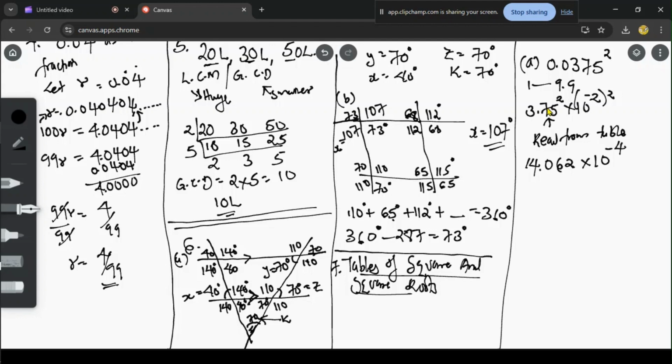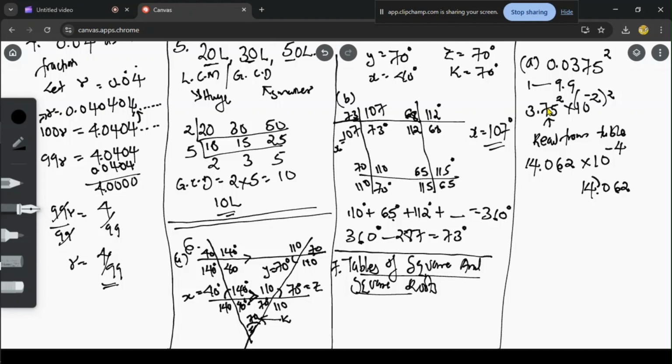Therefore, this is what I have. And because it's a negative, I move the decimal backward this number of steps. So I write 14.062, then because it's negative, I move 4 steps backward.